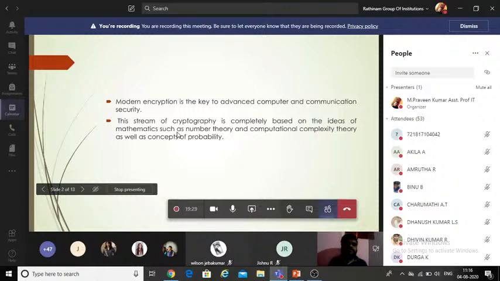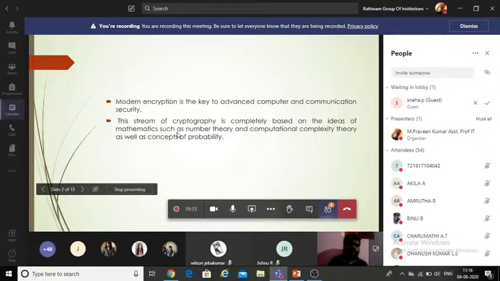In mathematics also, number theory plays a very important role in creating or generating the key. So what is the purpose of the key? The key is used to lock my message, or encrypt my message.